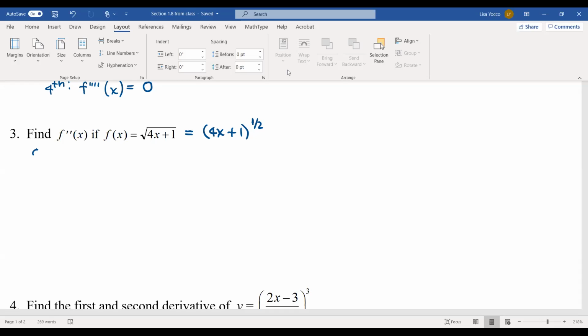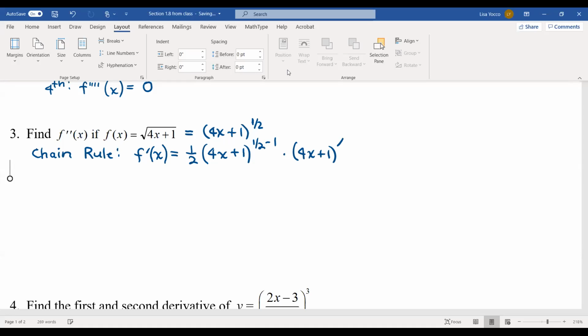All right, for my first derivative, this is the chain rule that we talked about last time, because it's a function raised to a power. So the chain rule says we'll take the power, which is 1/2, in front, multiply it. Copy the function, subtract 1 from the power, and then multiply by the derivative of the function.